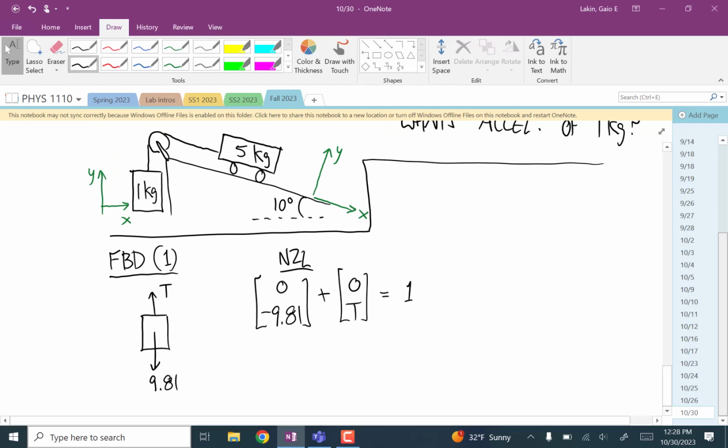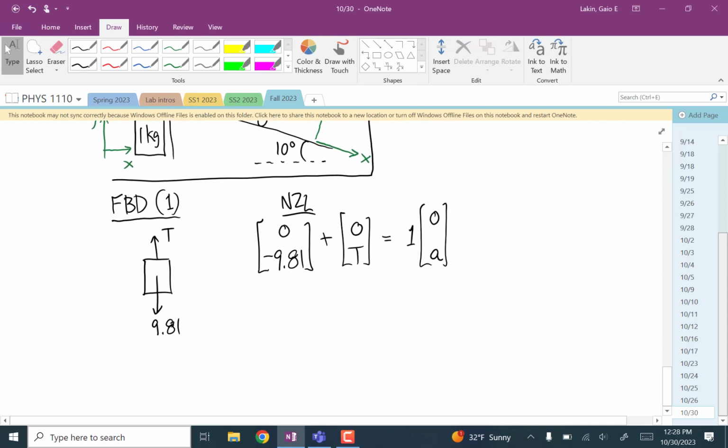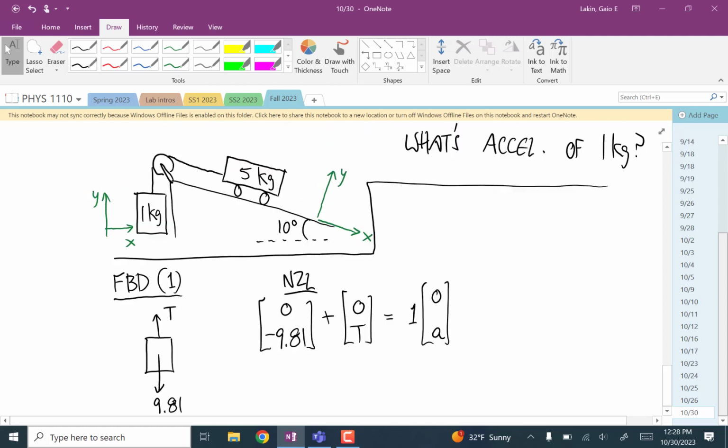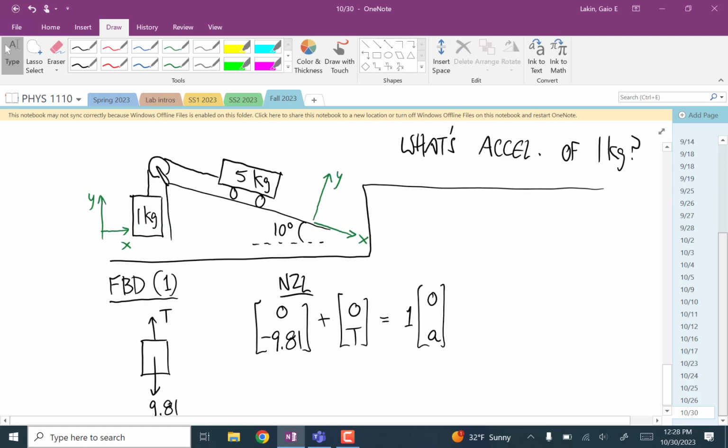Is this hanging mass moving along X or Y? Y, so I'm just going to write this as 0a. And sometimes you can tell which way it's going to accelerate, and this one you can't really, but it doesn't matter, because whether you can tell or not, you're always just going to put in a. Okay? What about for the other body? So for the other body, we'll get to that.